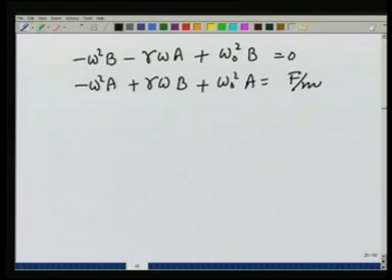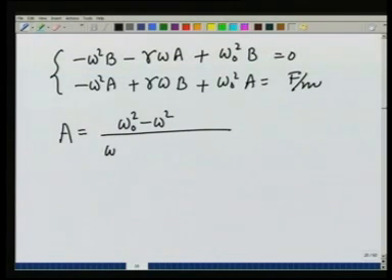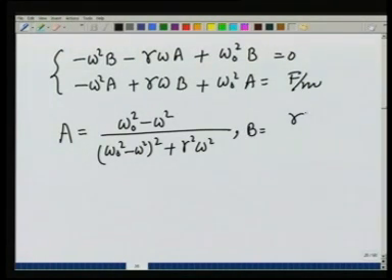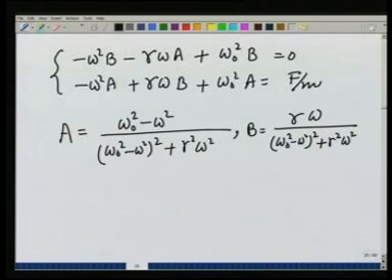When you solve these two equations, and I leave it for you as an exercise, you are going to get a is equal to omega naught square minus omega square over omega naught square minus omega square squared plus gamma square omega square, and b is equal to gamma omega over omega naught square minus omega square squared plus gamma square omega square.